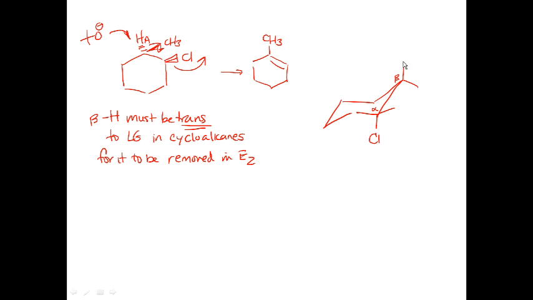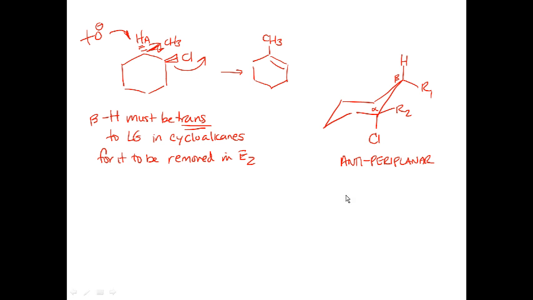If you said it has to go in the axial position, you're correct. So maybe here's R1 and R2, two different alkyl groups. So this is actually the geometry that is going to give me the anti-periplanar geometry, the hydrogen and the chlorine being anti.